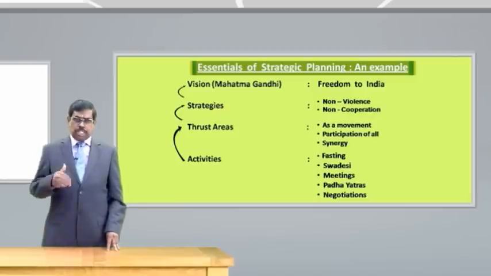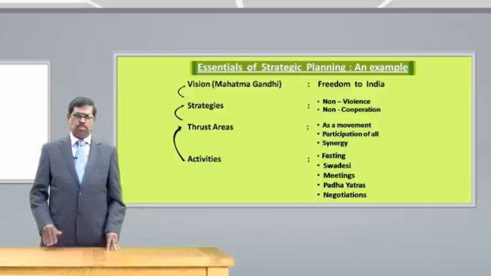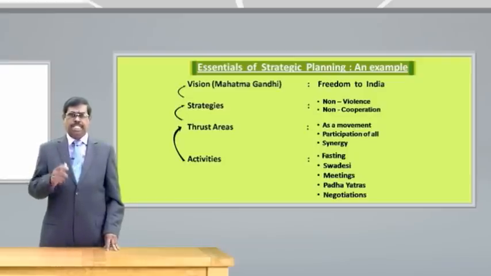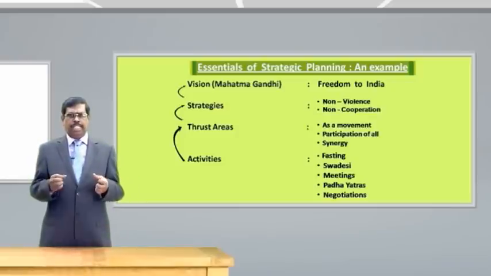And in order to make these strategies work, he had some thrust areas. For example, he declared that the freedom fight should go as a movement, and that all the people's participation should be ensured. That was another thrust area Gandhiji gave. He also had a thrust area that synergy from all parts of the country, all the people, needs to come together, and there has to be a synergetic effect to get freedom.